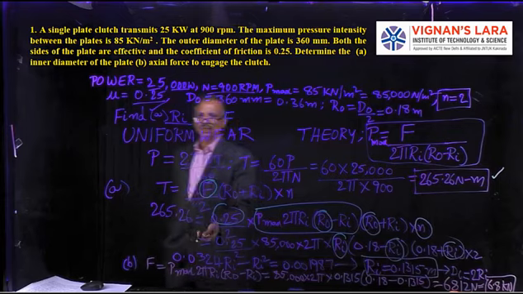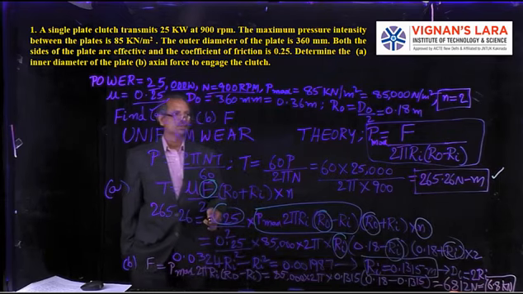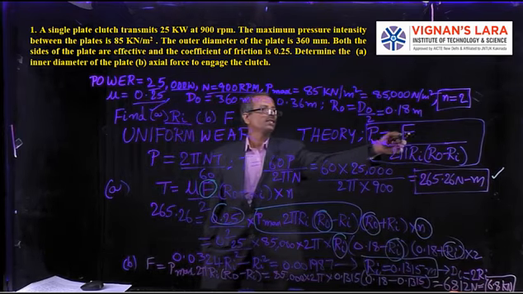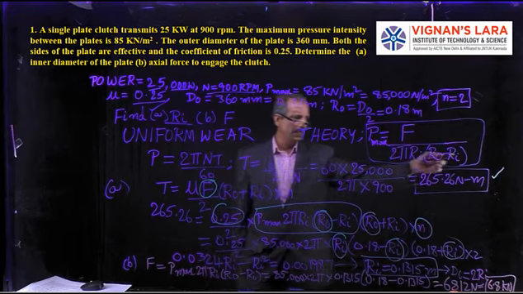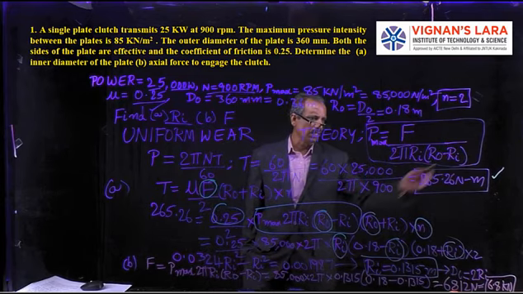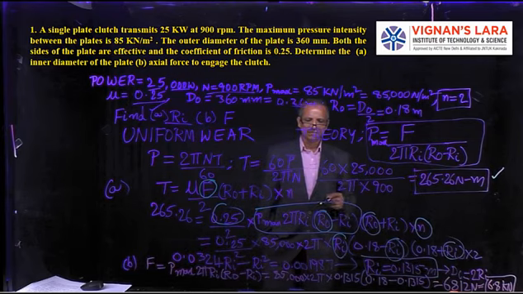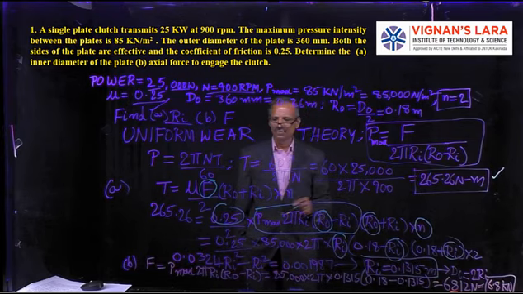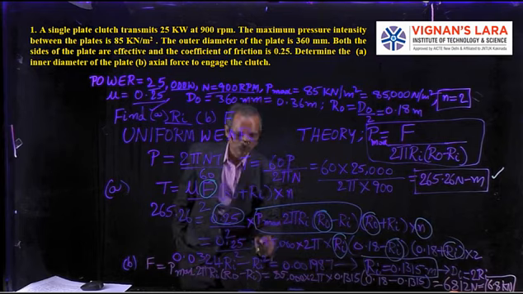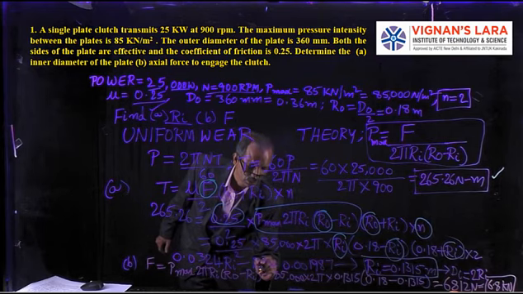And finally, what is asked: what is the axial force? It is as simple as F, which is P max into 2 pi into R naught minus Ri, if one surface is active, whereas here the active surfaces are two.